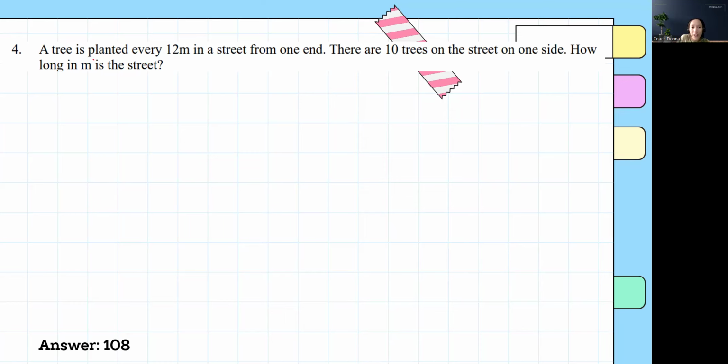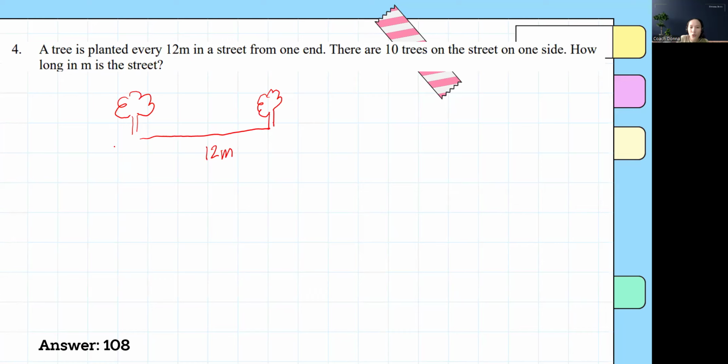So we have here a tree is planted every 12 meters, right? But it starts from one end. So we have a tree right here, from one end. And then after 12 meters, we have another tree, okay? So that goes on until we have 10 trees.